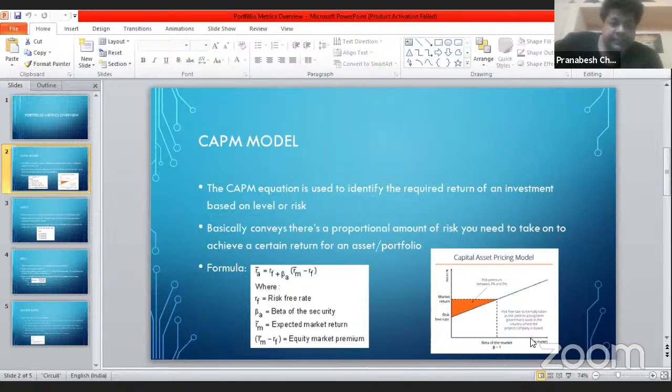So there is a beta, there is a risk-free rate, there is a market return, and the benchmark prices in the market are what we are taking in order to calculate the market returns corresponding to our portfolio, so that we can create our CAPM model accordingly. So let's start. We created our benchmark prices.